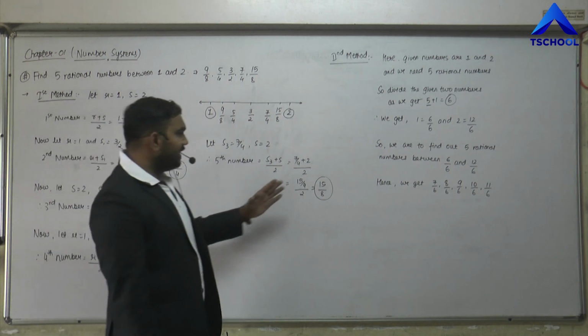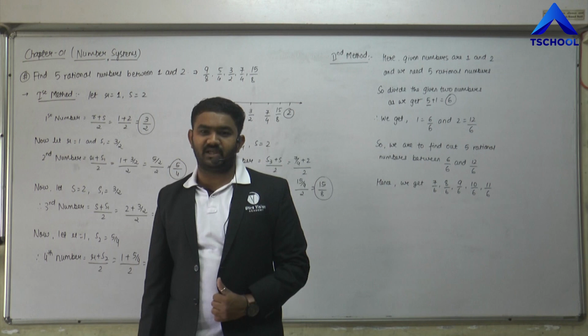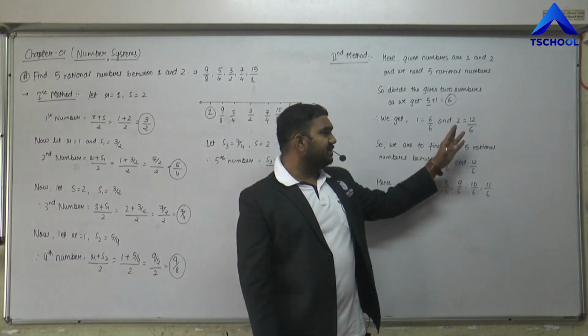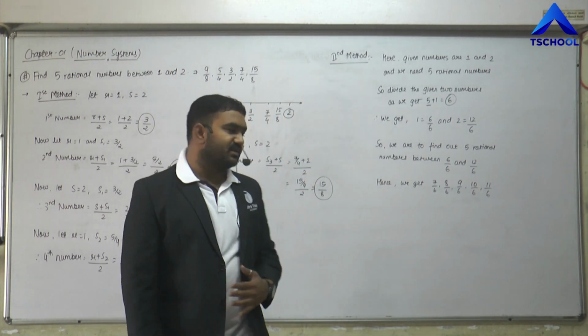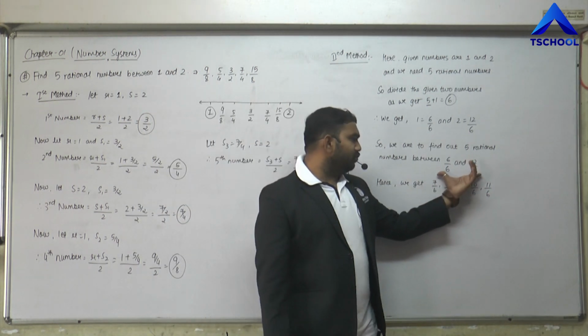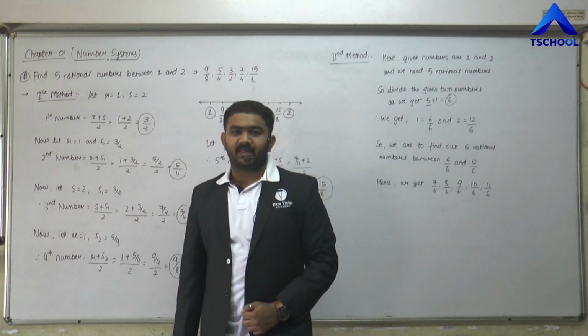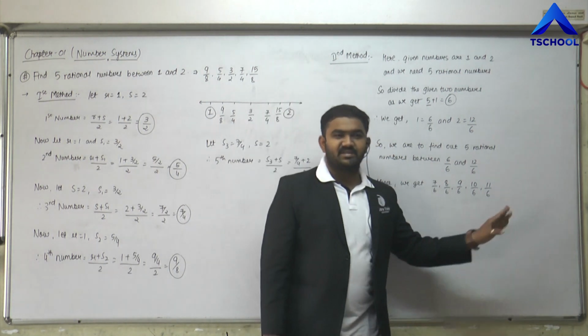And if I divide a number, then it is compulsory for me to multiply also, right? So this 1 can be written as 6/6 and 2 can be written as 12/6. That means I got two rational numbers, 6/6 and 12/6. Right, that gives me the required numbers 7/6, 8/6, 9/6, 10/6 and 11/6.